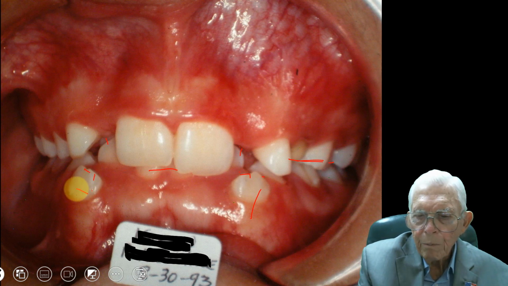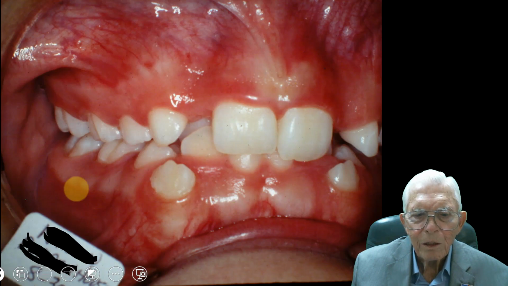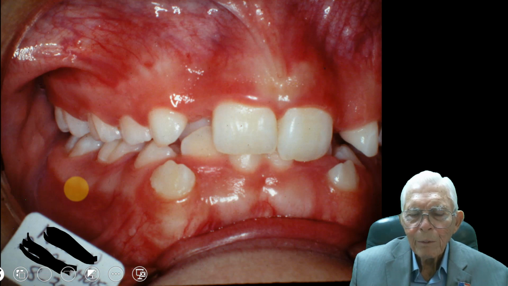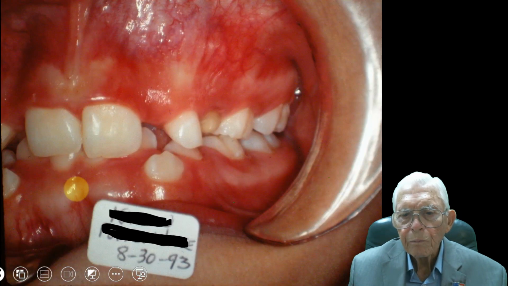There's not room for the cuspids to come through. So these are just normal things that are wrong with a young person or anybody coming in with different problems, what they come in to see about. And so you try to cover the whole thing when you're treating the person.